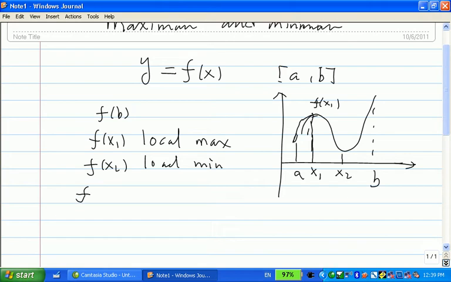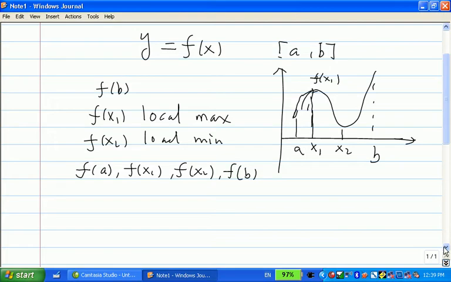So for this case, you need to find f(a), f(x1), f(x2), and f(b). You really need to compare just four points. The largest one will be your maximum, the lowest one will be your minimum.